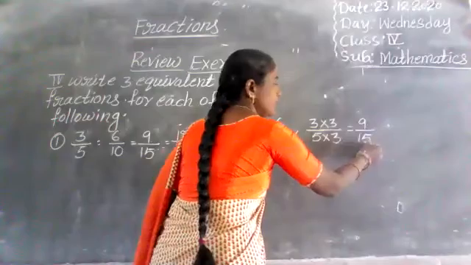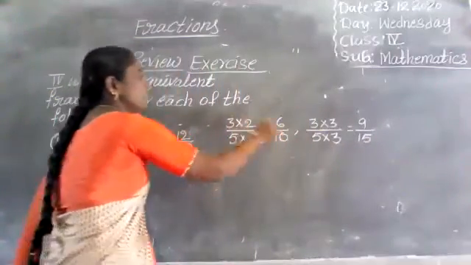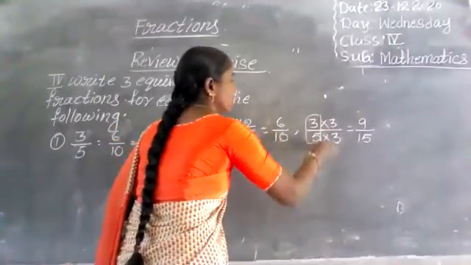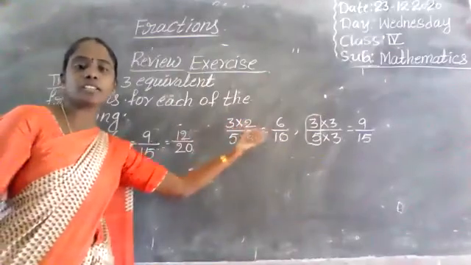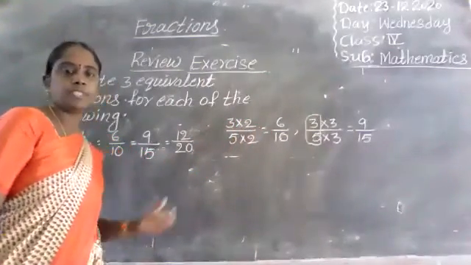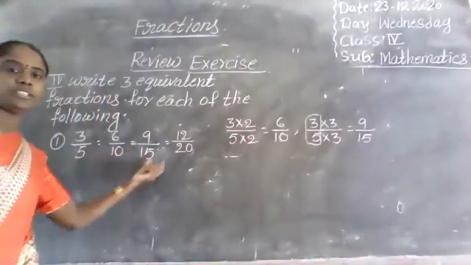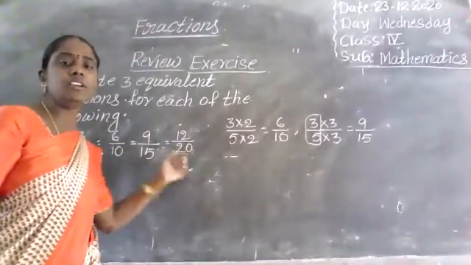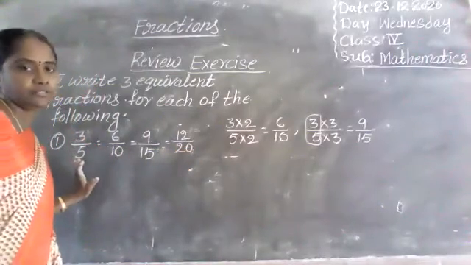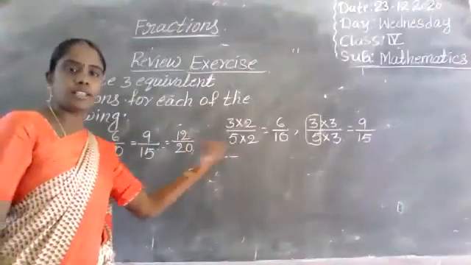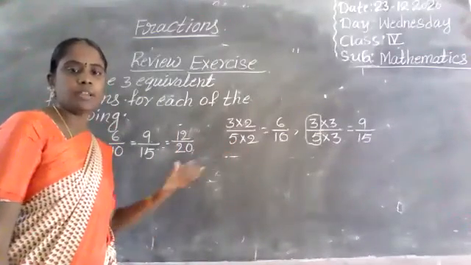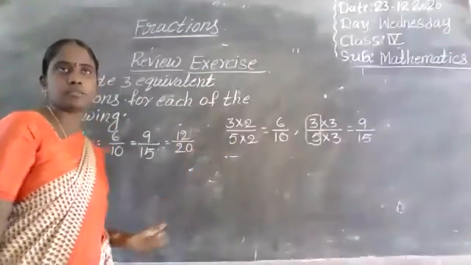This 9 by 15 is an equivalent fraction of 3 by 5. 9 by 15 and 12 by 20 are also equivalent fractions of 3 by 5. The remaining 3, you complete in your textbook, children.